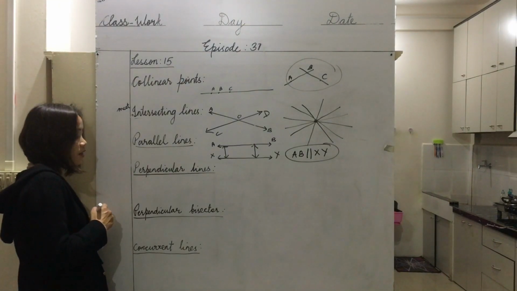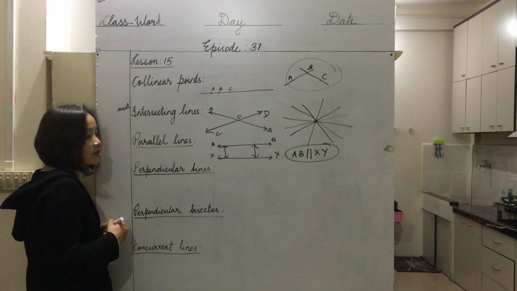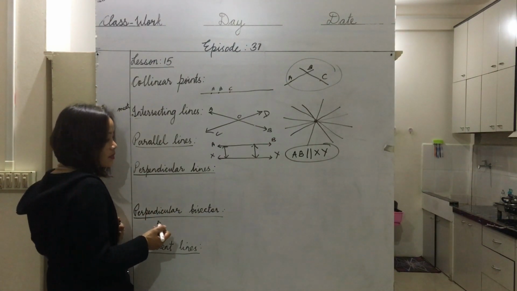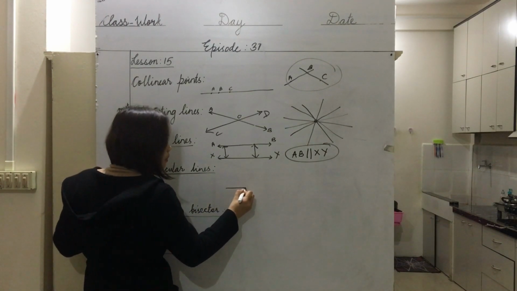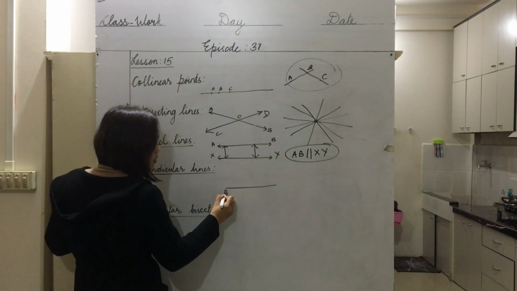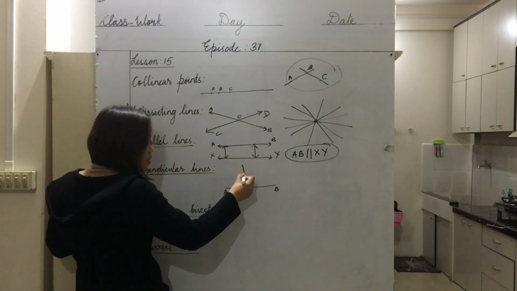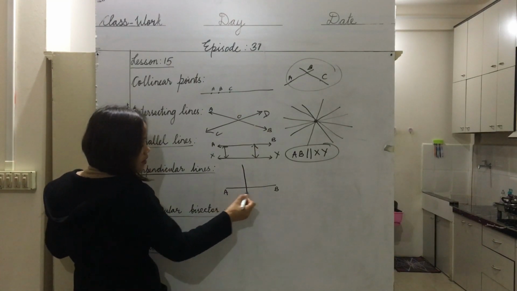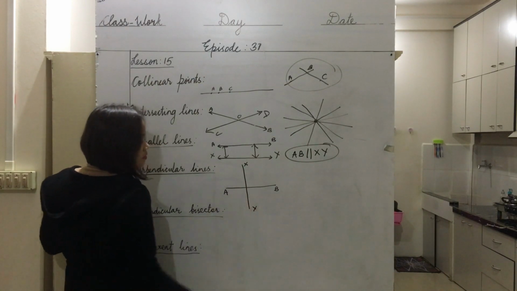Right. Next we have perpendicular lines. When we say perpendicular lines, when 2 lines meet each other like this, this is line AB, right? And another straight line intersects or crosses line AB. For example, this is line XY, right?